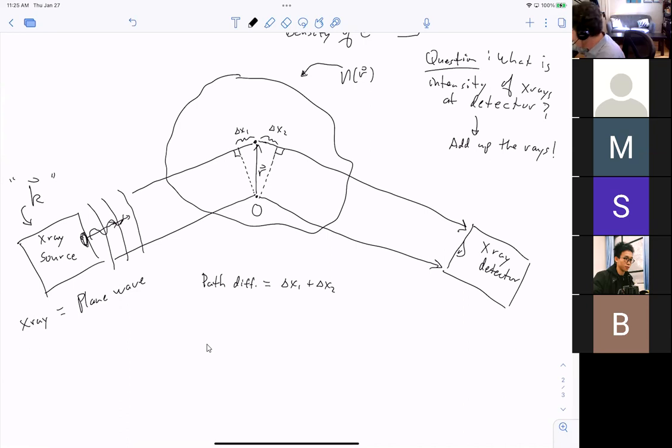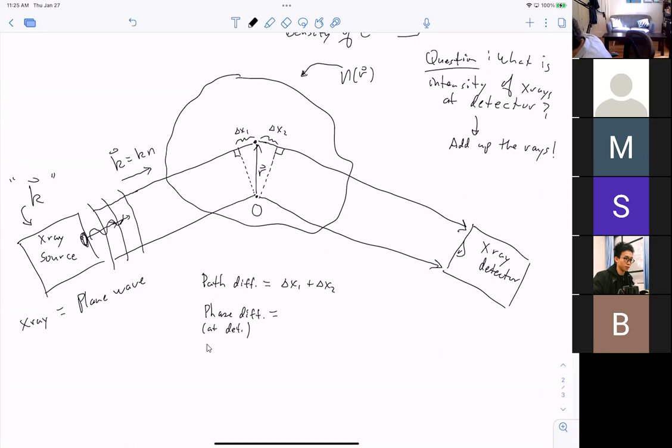And so then I can say that the phase difference, well, actually, before we talk about the phase difference between the 2 waves at the detector, let's just remind ourselves of part of this geometrical construction, which is that this X-ray going in this direction has a wave vector k, and I can write this k as the magnitude times the direction.